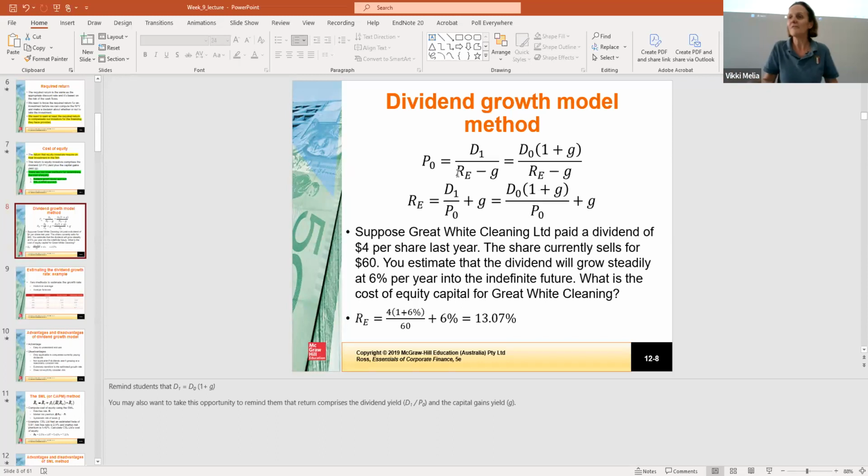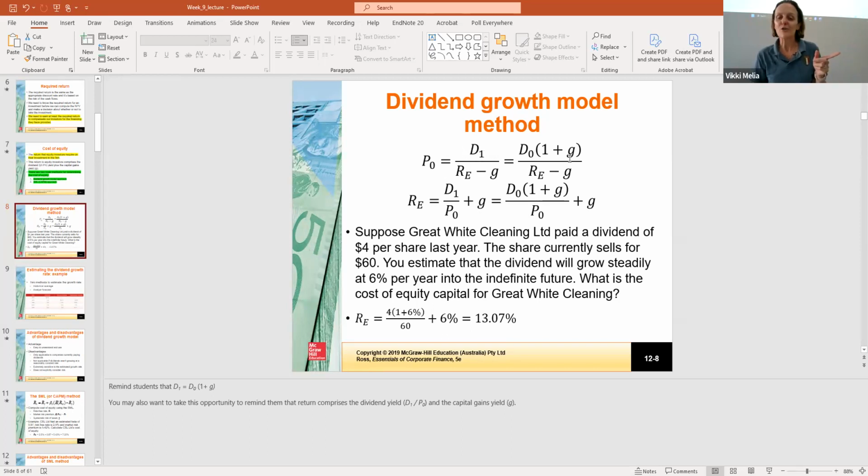But in week 5, we were given the shareholders' required rate of return. And we subtract from that the growth rate in dividends called G. Or the other version of that formula is D0 multiplied by 1 plus G, all over RE minus G. What's D0? Dividend just paid. So if we have the dividend that they've already paid, we use D0, or if we know the next dividend, then we would use D1.